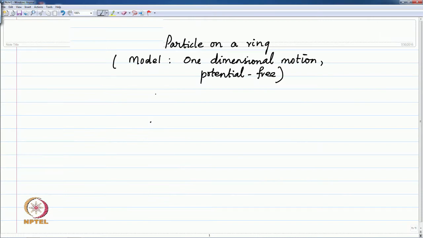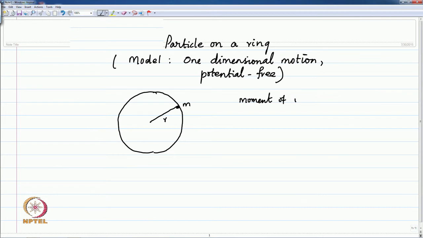If you have to draw a simple circle, and the particle is moving on the circle with the radius r and its mass is m and it is a non-relativistic motion, then we talk about the moment of inertia I. And that is given by m r square.